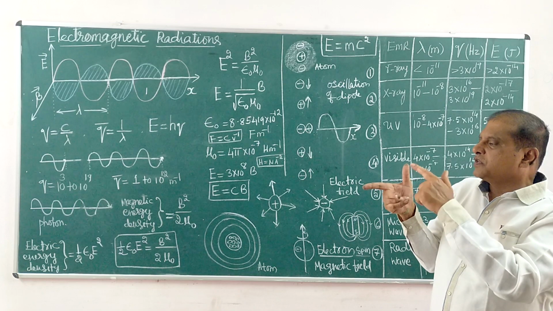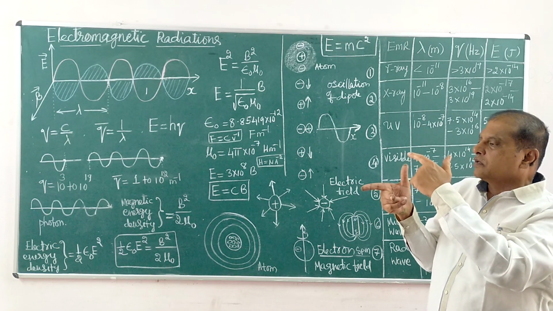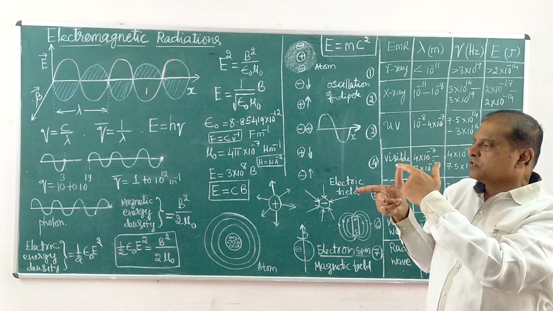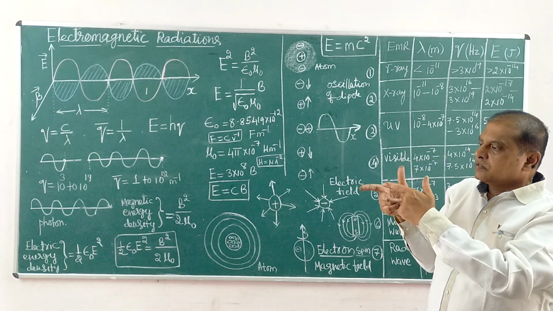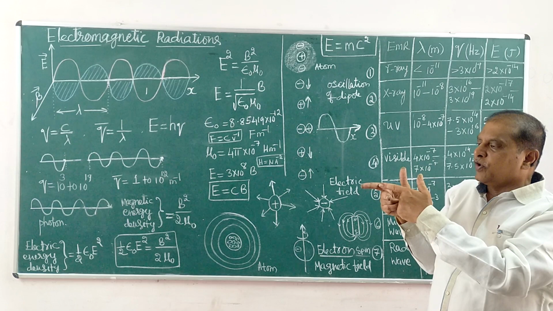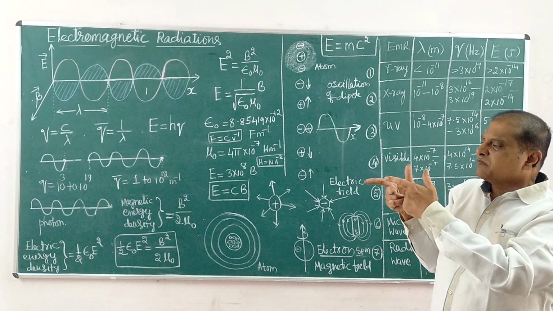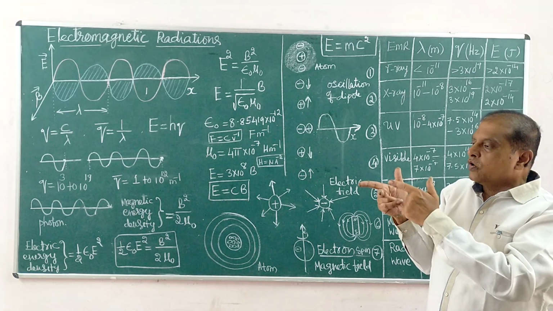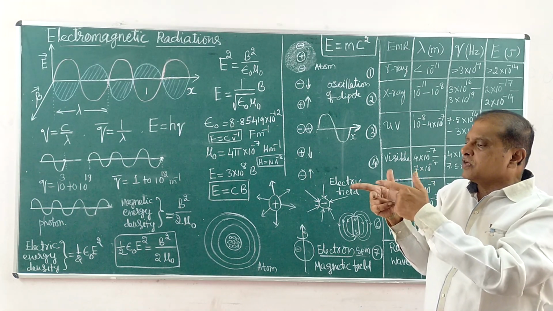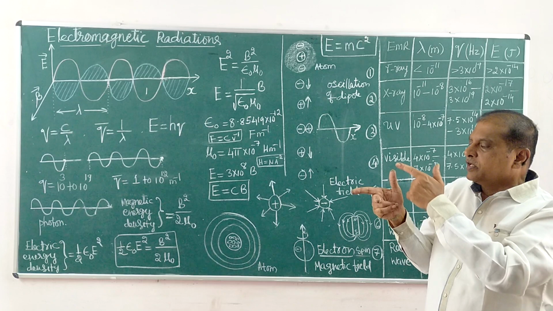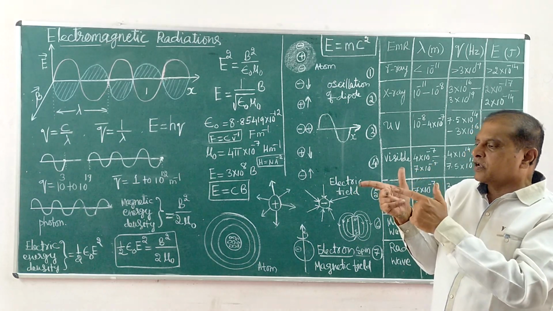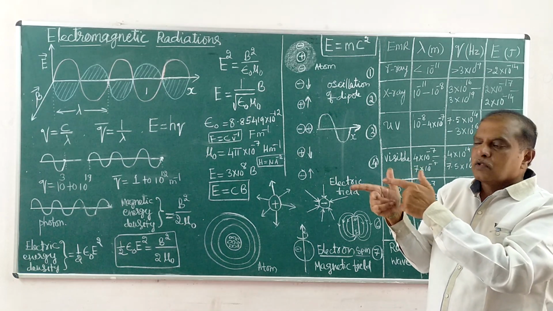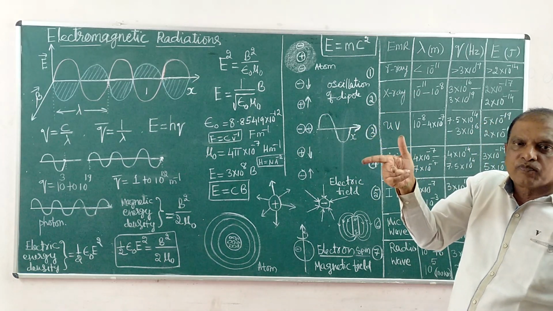If there is a change, that is motion or mechanical movement, mechanical force in this direction changes, there is a change in the magnetic field. This magnetic field change gives electric energy. The change in the magnetic field changes the electric field. This force generates electric force in the presence of magnetic force. These are perpendicular to each other.